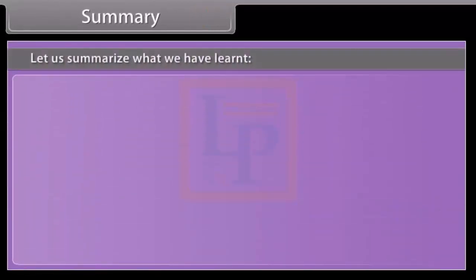Summary. Let us summarize what we have learned. If A is equal to A ij, m by n, then A dash, or transpose of A, is equal to A ji, n by m.